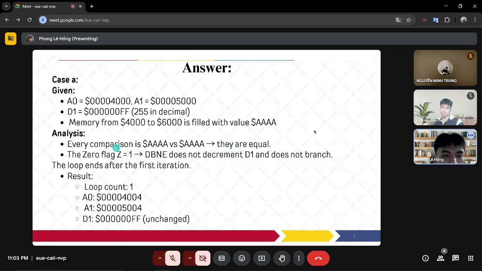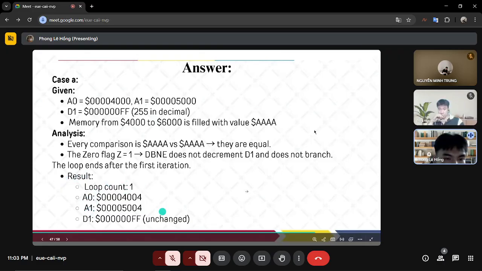The zero flag is set, so the equal ones do not discriminate D1 and the branch is not taken. The loop will end after the first iteration. The result is the loop ends with A0, A1 and D1 unchanged.